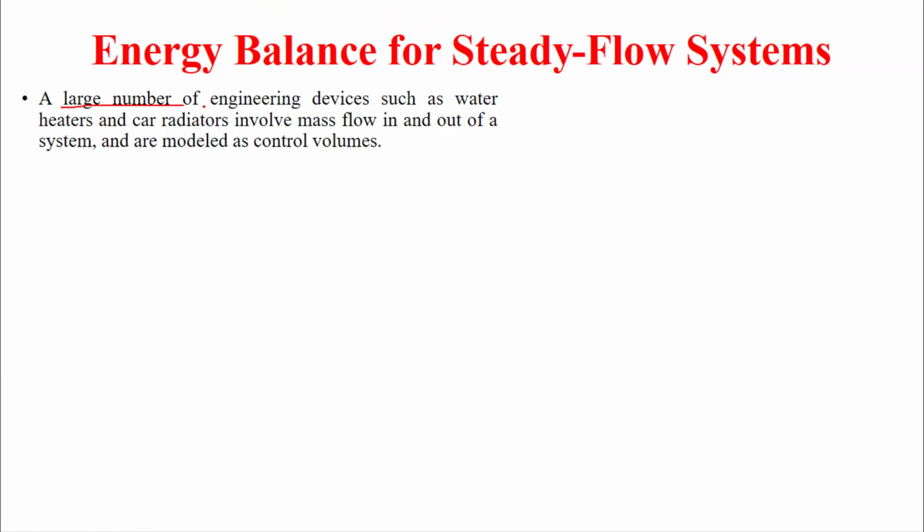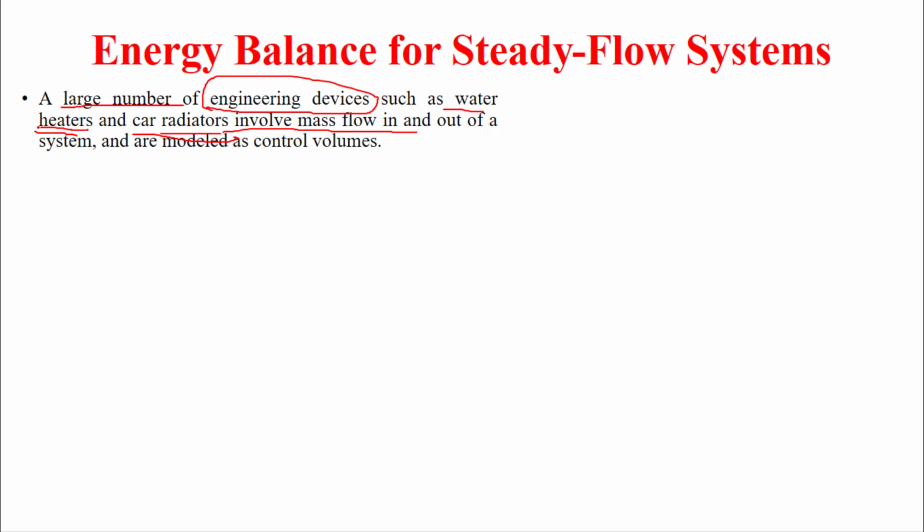A large number of engineering devices, most of the engineering devices, have flow in and flow out, such as water heaters and car radiators. They involve mass flow in and out of a system.